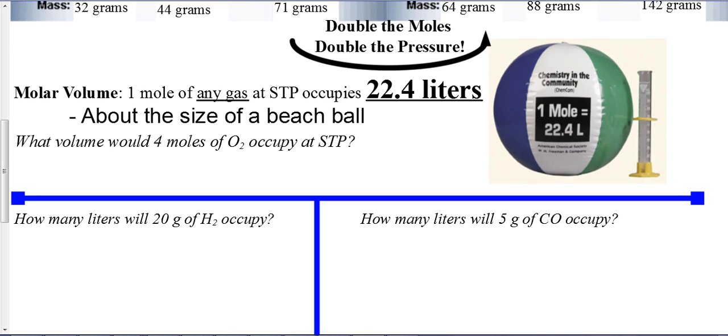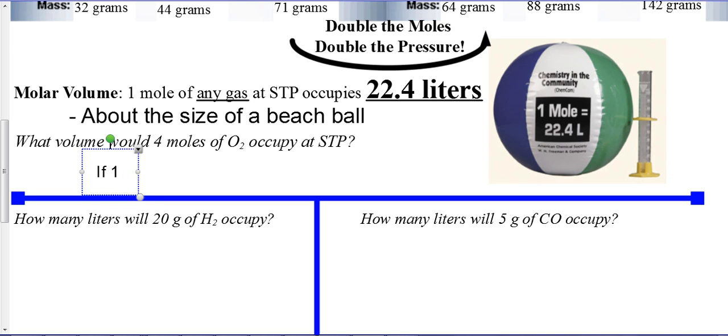So, what volume would 4 moles of oxygen gas occupy at standard temperature and pressure? Well, this is kind of an easier problem, because if we know that 1 mole at standard temperature and pressure takes up 22.4 liters, then we can say that 4 moles would be just 4 times that.